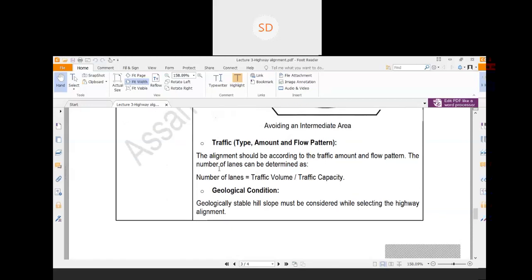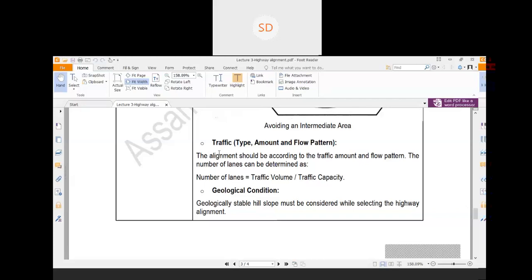Now coming to the next point, that is traffic. Traffic is the total number of vehicles available over there, and there are different parameters through which traffic is identified, like traffic volume, traffic capacity, or traffic density. We'll discuss this later on.